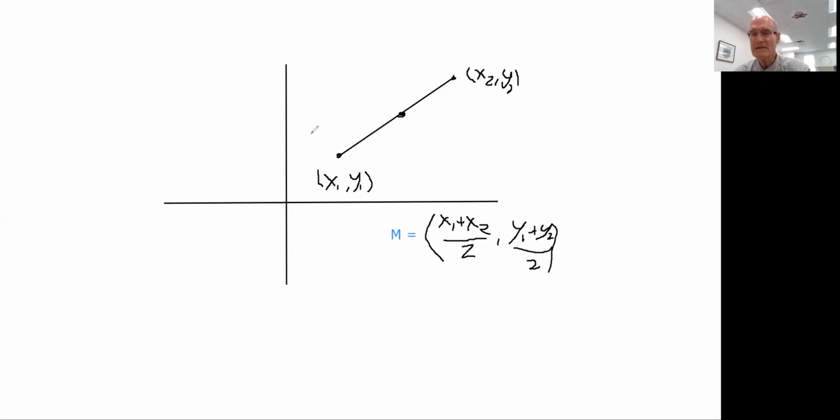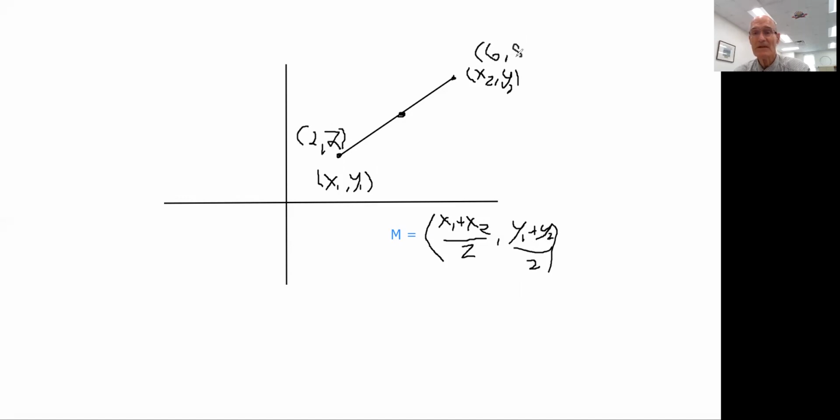For instance, let's say this is a point which could be 2 and 2. Looks like it's about even. And let's say this point up here is 6 and 8.